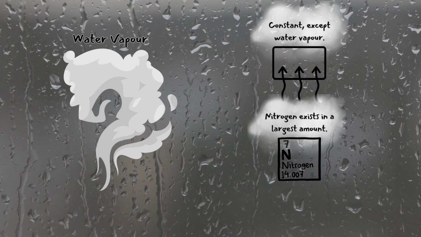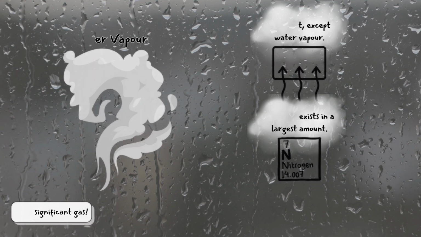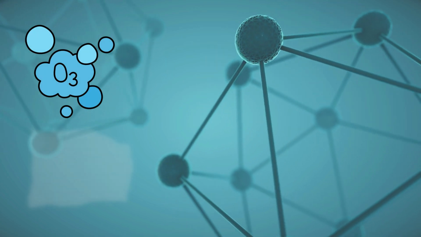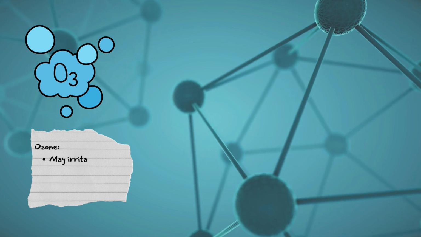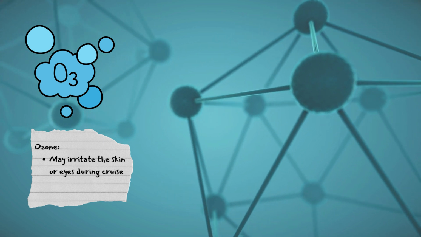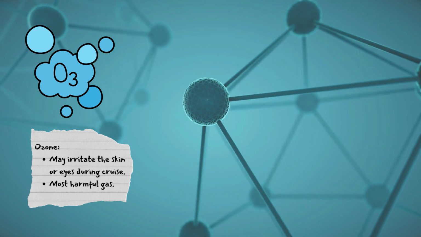From a meteorological standpoint, water vapor is the most significant gas because it directly influences weather conditions. However, during flight, ozone can pose challenges, as it may irritate the skin or eyes when encountered at cruising altitudes. The air consists of various gases, but the most harmful gas encountered during flight at cruising levels is ozone.